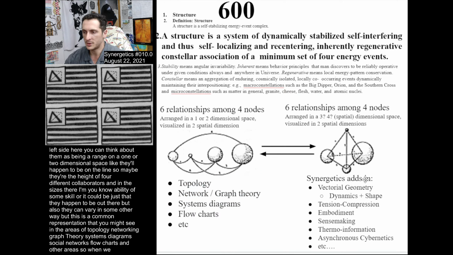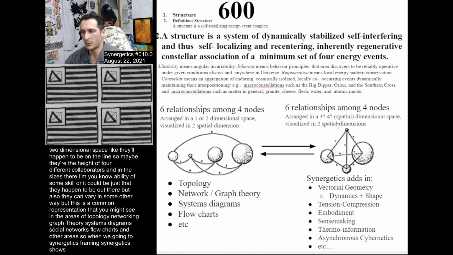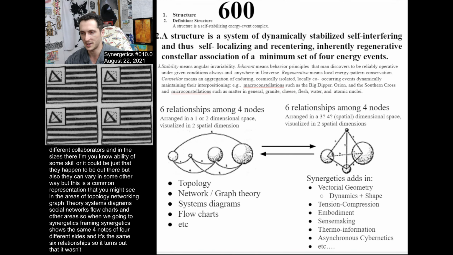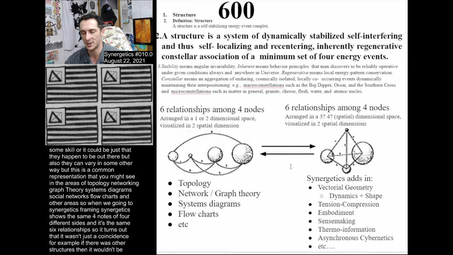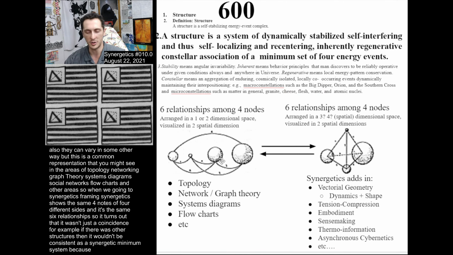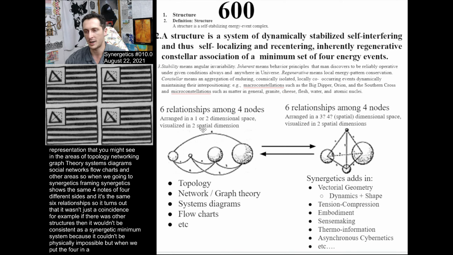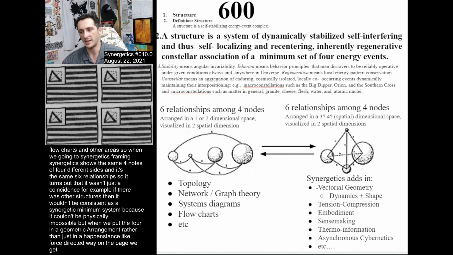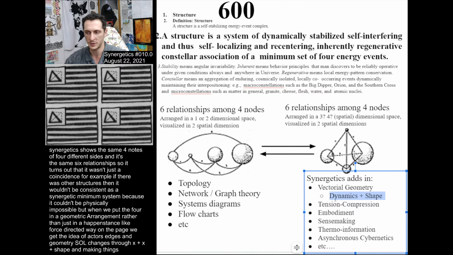When we go into Synergetics framing, Synergetics shows the same 4 nodes and the same 6 relationships. So it turns out that it wasn't just a coincidence. If there were other structures, it wouldn't be consistent as a synergetic minimum system because it couldn't be physically implementable. But when we put the 4 in a geometric arrangement rather than a happenstance, force-directed way on the page, we get the idea of vectors, edges, and geometry. So changes through time, dynamics, and shape, and making things consistent with the shape of space.